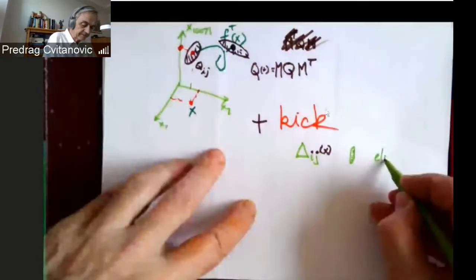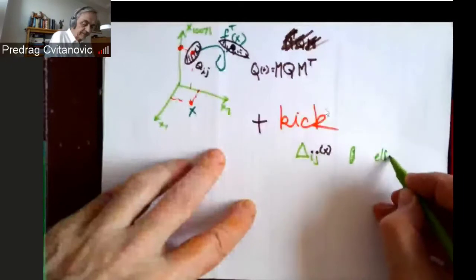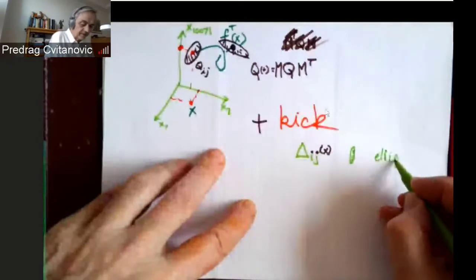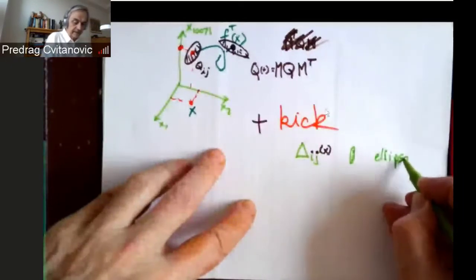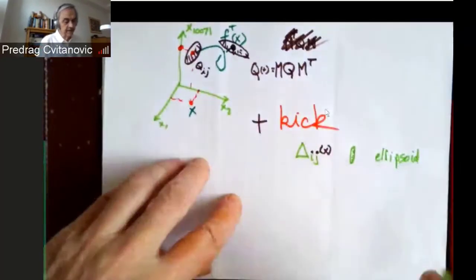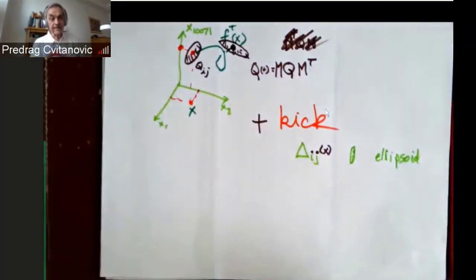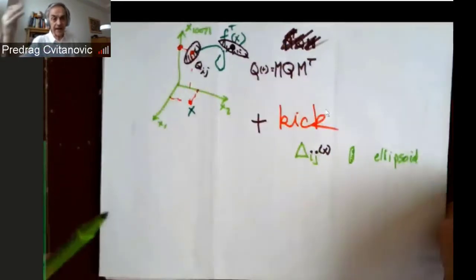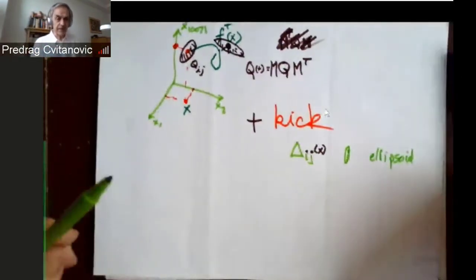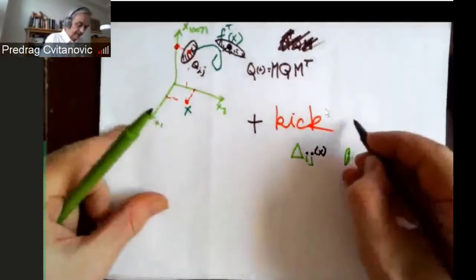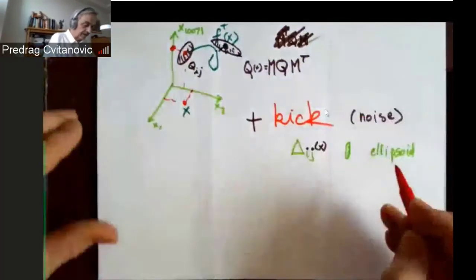So now this kick is called noise, and it's assumed to be white noise, meaning it's uncorrelated. Next time I kick, I will not remember how I kicked it before. So that's a crucial assumption.